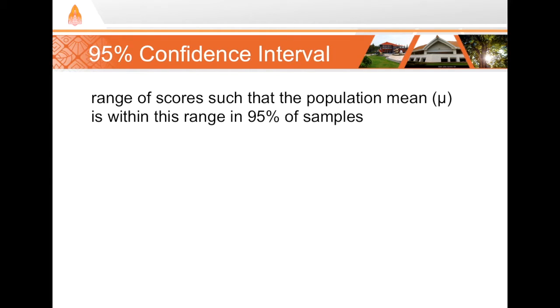Now, to calculate a 95% confidence interval, we find 1.96 times the standard error. That is, 1.96 times the sample standard deviation divided by the square root of the sample size. And our interval is plus or minus away from the sample mean.